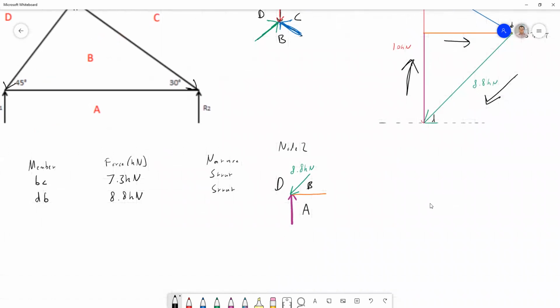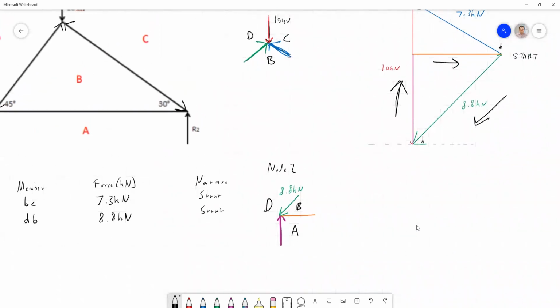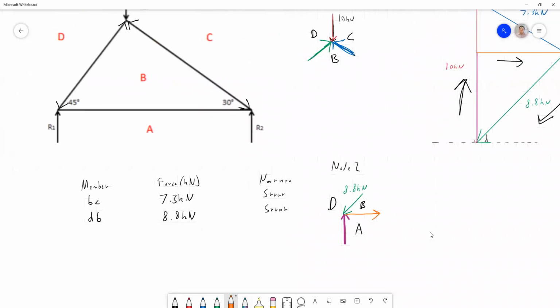We can see that the orange line is going to be acting away from the node here, it's acting to the right, which means that on our structure at the node, we have a force acting in the way and a force acting in the way. And remember, internal forces act in the way to combat tension.